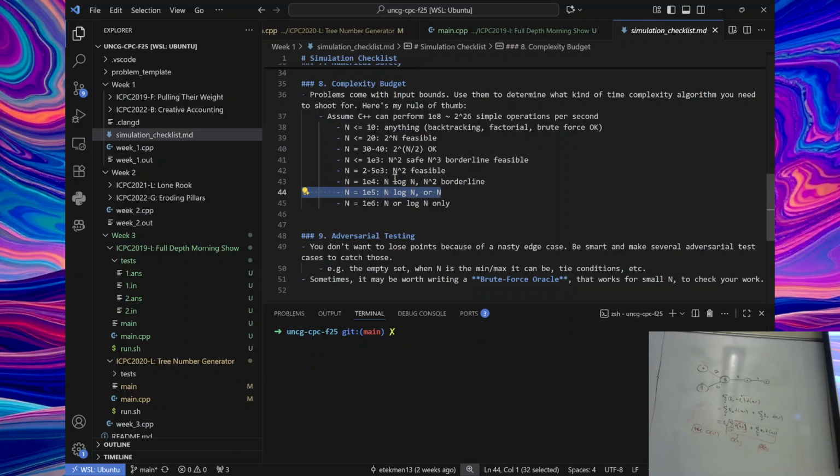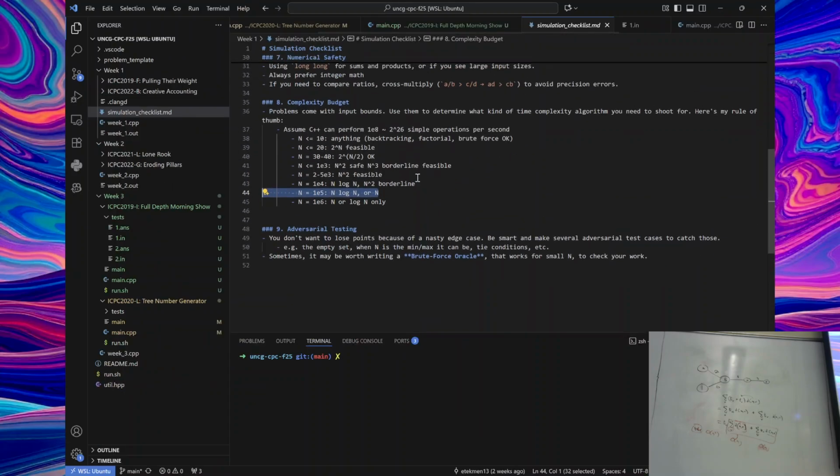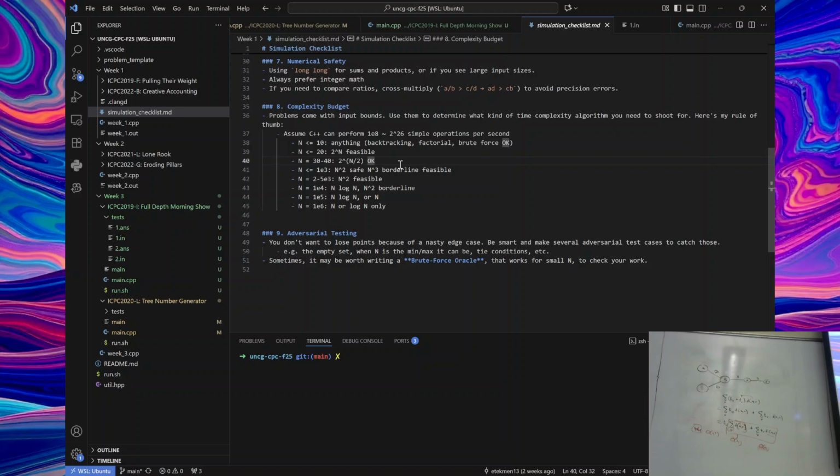If n is 100,000, then you can choose between n log n or n square root n for this. Remember, this is for C++. If you're doing it in your own language, it's much harder to get a ballpark estimate in a language like Python, where you need to understand how the interpreter works, which I don't. So I use a compiled language like C++.